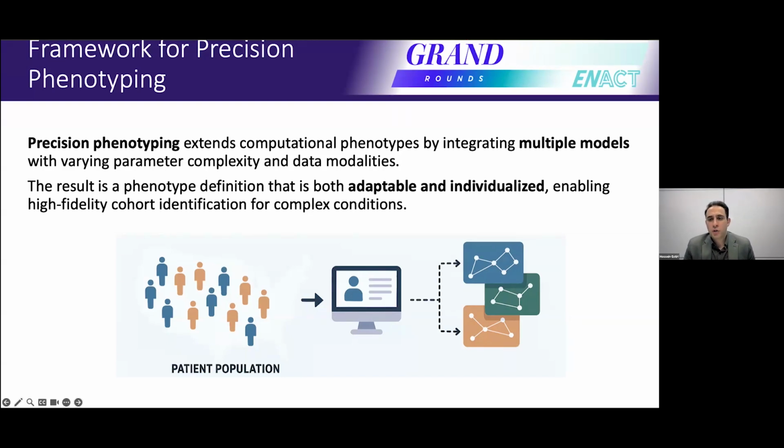Then we apply computational phenotyping, and we go further than just a simple yes or no answer. The key here is that precision phenotyping doesn't rely on one single model. Instead, we build a composite of models, each tuned to different features, parameters, or patient subgroups, which allows the phenotype definition to adapt to the reality of patients.